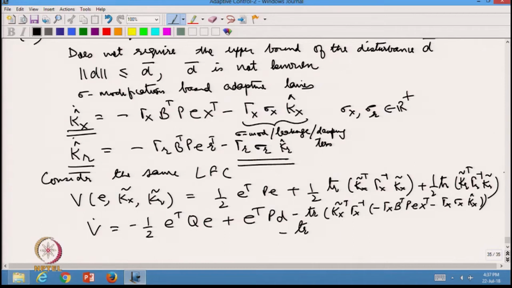Similarly, for k r hat, we substitute for the adaptive law.